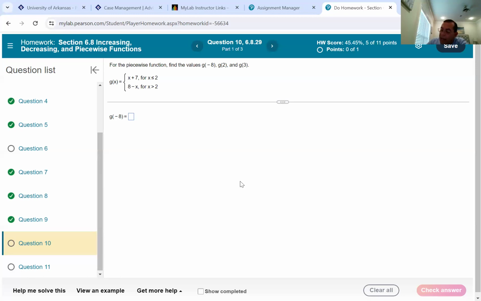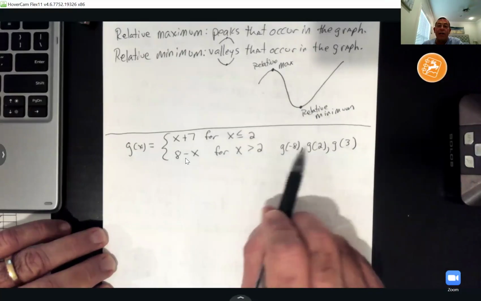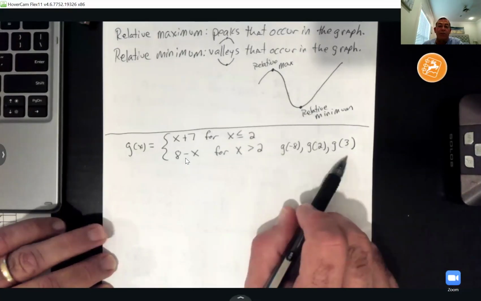Then it equals 8 minus x for any x's greater than 2. Now notice what they want me to find. G of negative 8, G of 2, and G of 3. All right, y'all, so I got that written down. Let's go work that out. And y'all realize we're going to find 3 different values with these numbers here.